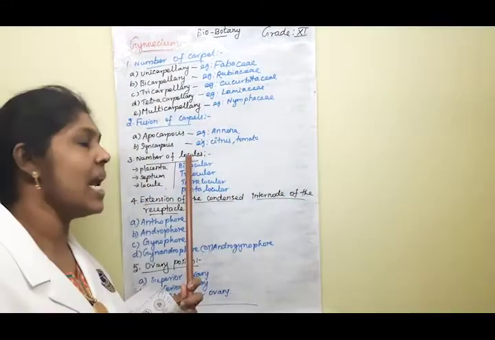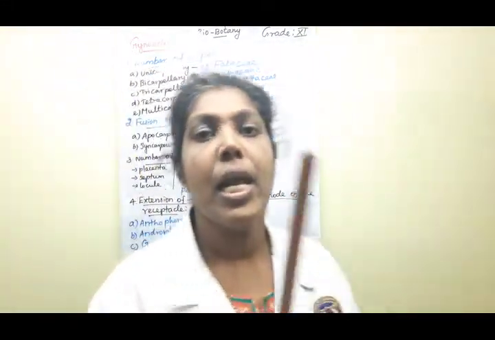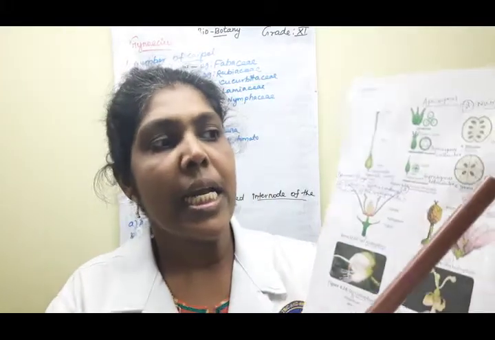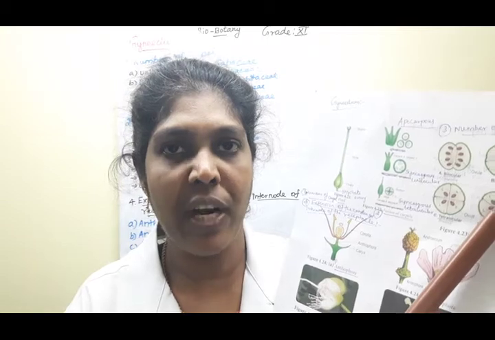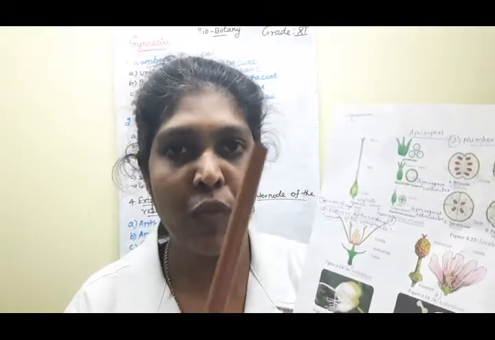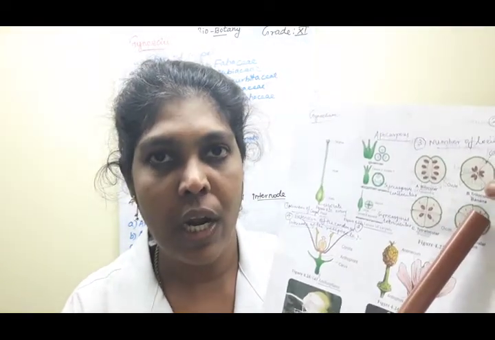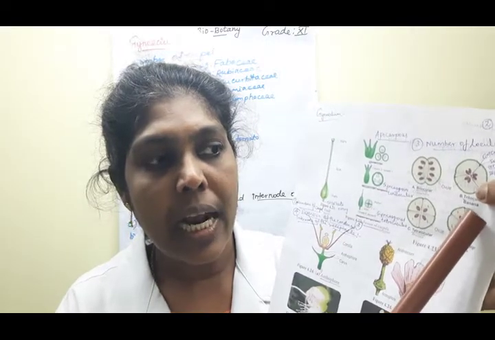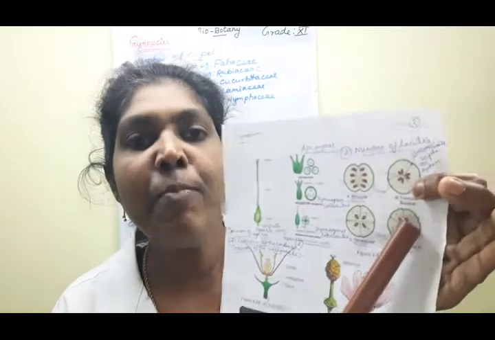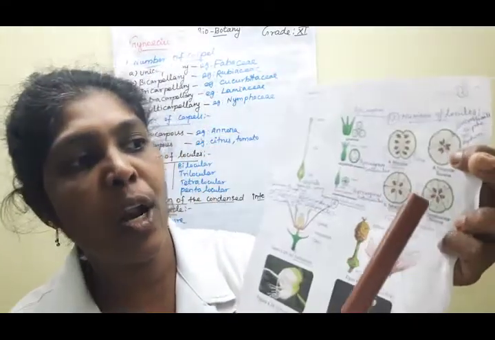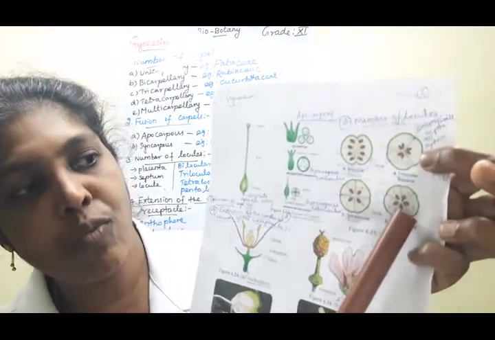Then finally we come to this point. What do you mean by locule? Locule means the separation of this ovary, the partition. This is a cross wall, and this is the compartment of the ovary wall. There is an empty space there, children. See, this is the space, this one, this one, this one.